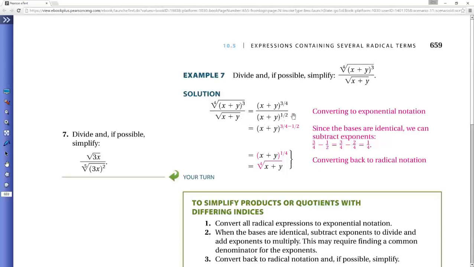Now the rule of exponents, when we have a like base, this base and this base, the part that has the exponents, when I use division I subtract the exponents, which is 3/4 minus 1/2, and you end up with 1/4, right? So remember, here's that fraction manipulation that we're doing when we're trying to rationalize, right?